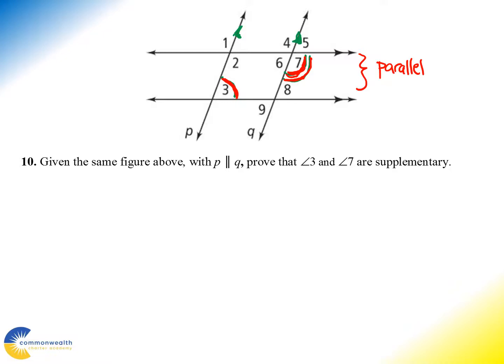Now what I can do is say, okay, well, I know that with the given information, one way I could go is say, well, angle 2 is congruent, or sorry, take that back. Angle 2 and angle 3 are supplementary.